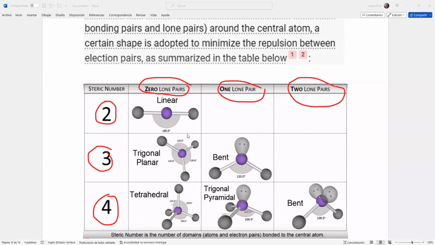Then you can use this table, and according to the number of electron pairs around the central atom and the lone pairs, you can choose the best structure to represent every molecule.